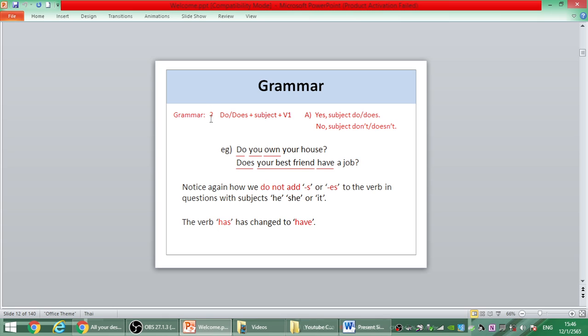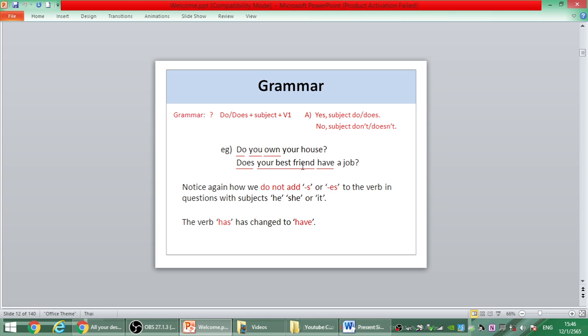Present simple questions. Structure is do or does, plus the subject, plus verb 1 again. Example, do you own your house?